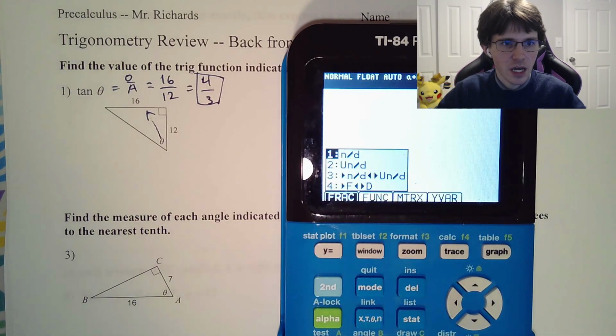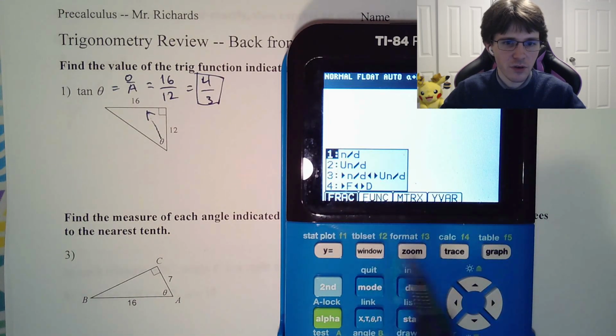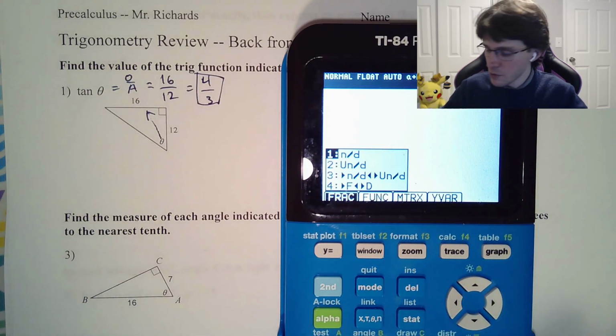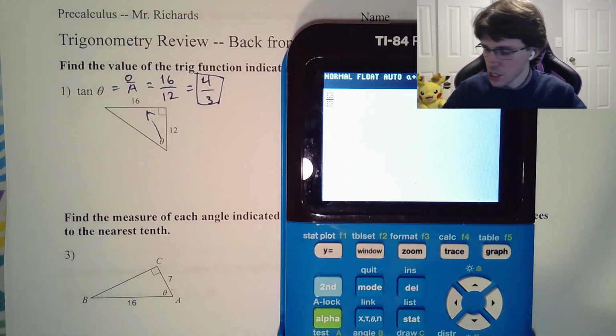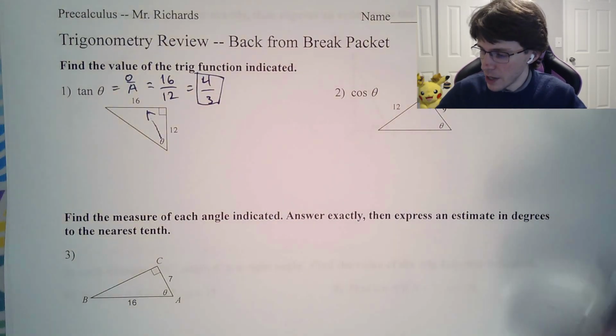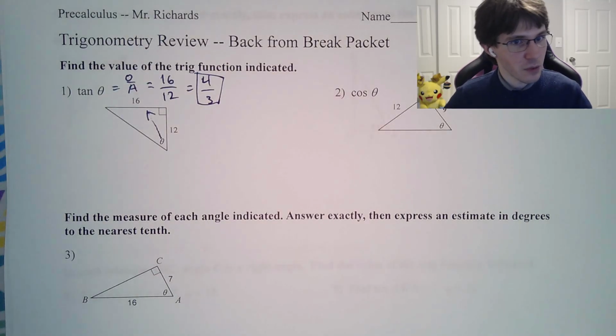If you hit those two, this little window comes up. You can see the other values for F2, F3, F4 that are useful in other things. But n over d is the fraction, and 16 over 12 reduces to 4 over 3. So there's your answer for number 1.